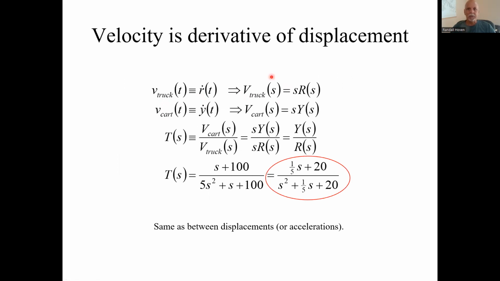So the Laplace transform of the truck's velocity is just S times R of S, the Laplace transform of the displacement. Same for the cart, you just multiply by S. So if I want the transfer function of the velocity of the cart over the velocity of the truck, it's S times big Y over S times big R, the S cancels, and I have the same transfer function that I did between displacements.